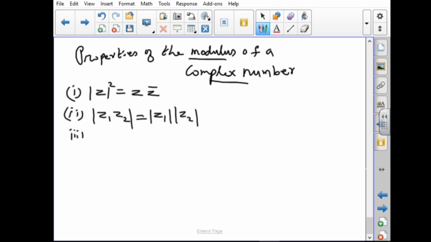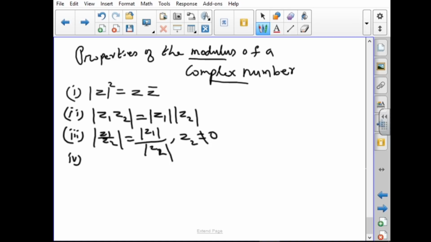Third one, modulus of z1 by z2 is equal to modulus of z1 by modulus of z2, where z2 is not equal to 0.